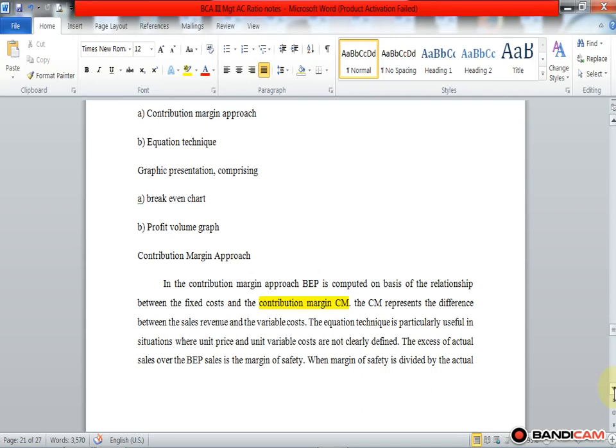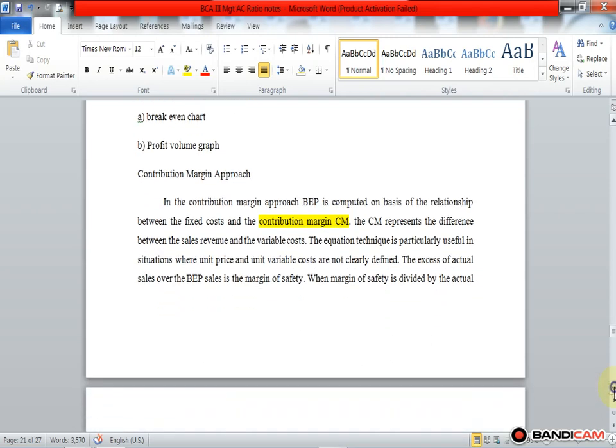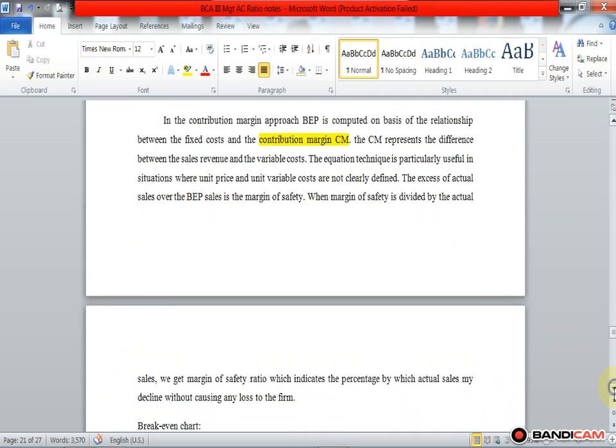Here, the excess of actual sales over BEP sales. It means actual sales minus BEP sales gives us the MOS, that is, the margin of safety. When the margin of safety is divided by actual sales, we get the margin of safety ratio, which indicates the percentage by which actual sales may decline without causing any loss to the firm.